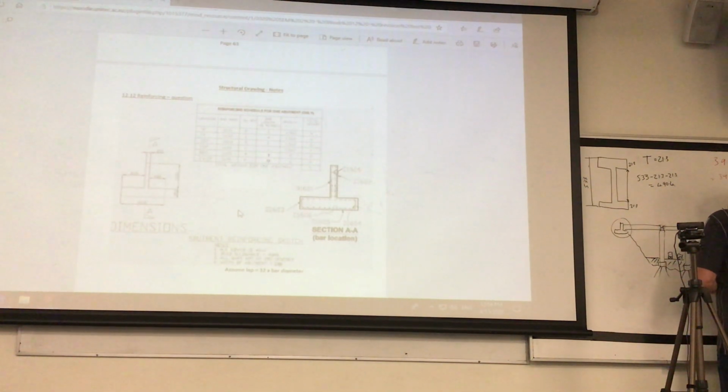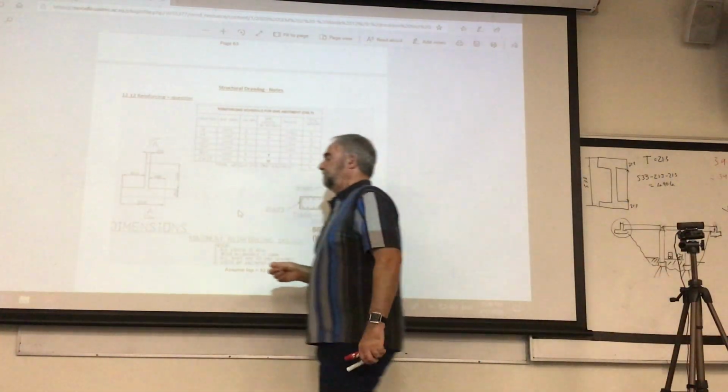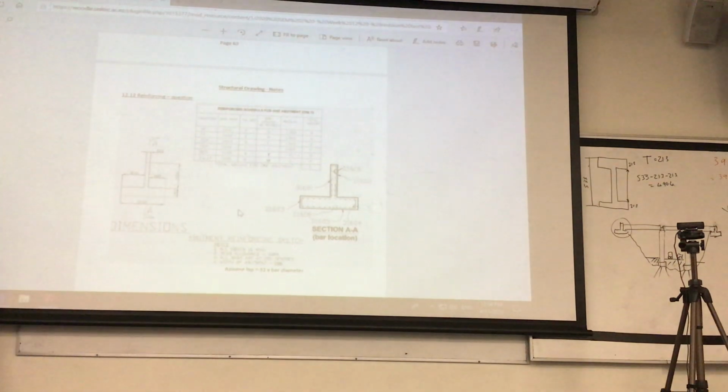So it's a little bit different, but not really that much different. We're pushing the bars as much as we can to the outer edge.